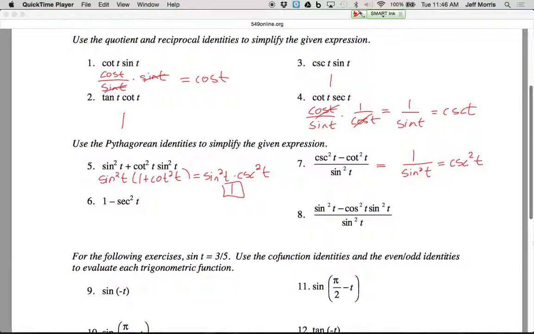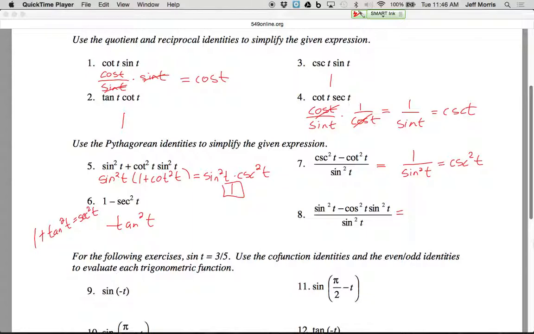What about 1 minus secant squared t? It's not 1 this time. Tangent squared t. Isn't it negative? Yeah. 1 plus tangent squared t equals secant squared t. Yeah, it is negative. I told you last hour wrong. Oh well.